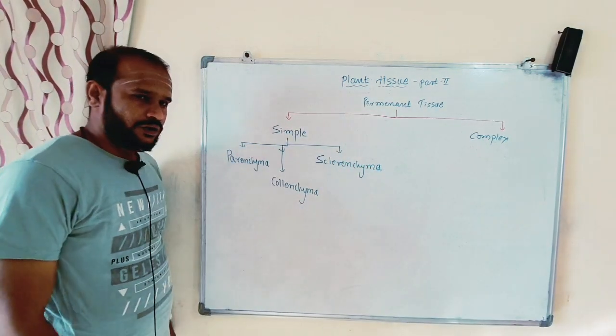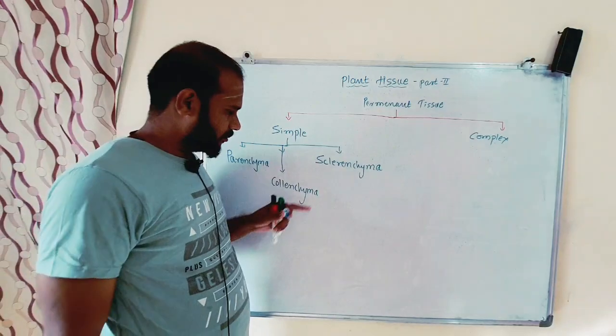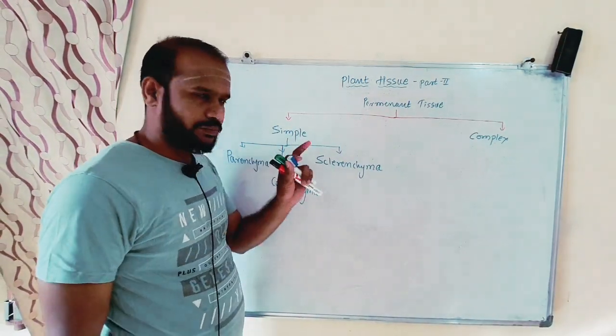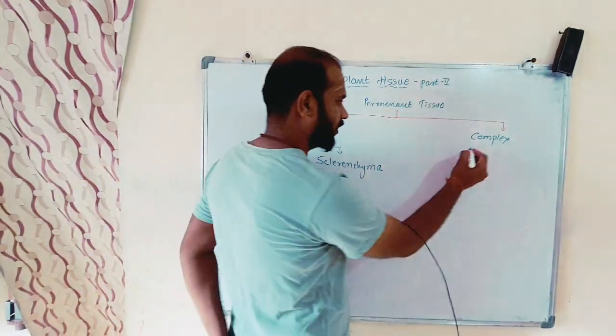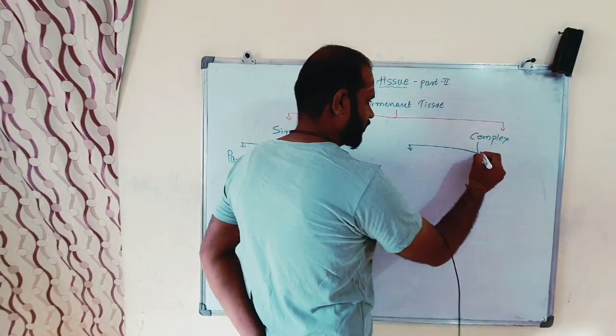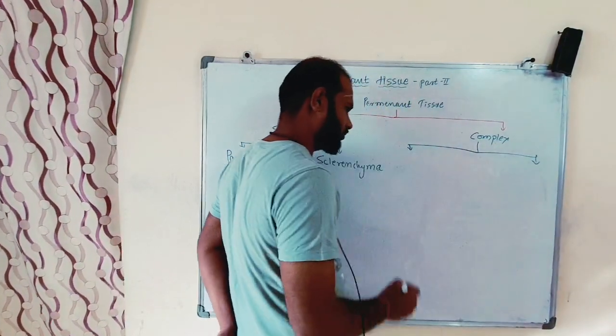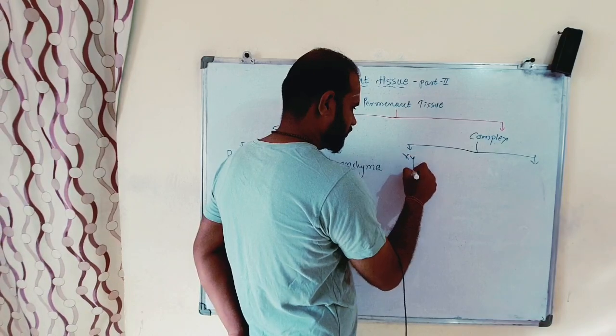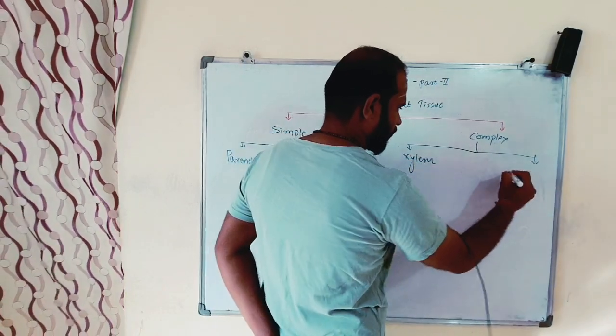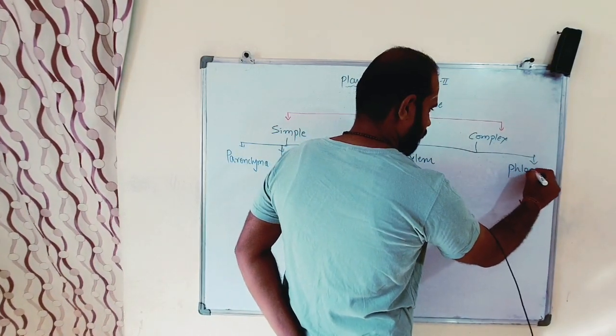So these are the three main types of simple permanent tissue. Complex tissue is again divided into two types: one is xylem and another is phloem.